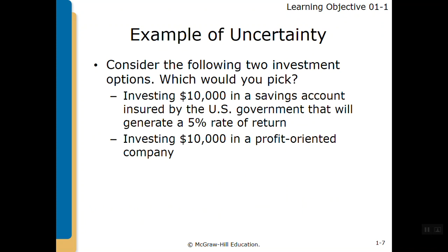When you're investing $10,000 in a profit-oriented company, you may lose all of the $10,000. You don't know. Investing in the U.S. government, there's less risk there, and they're telling you that they're going to pay you 5%. So most likely you're going to get that 5% rate of return back on that investment, which isn't a great rate of return. You may get 10 or 15 or 20 percent return on the investment in the company, but there's also more risk that you won't get anything back.